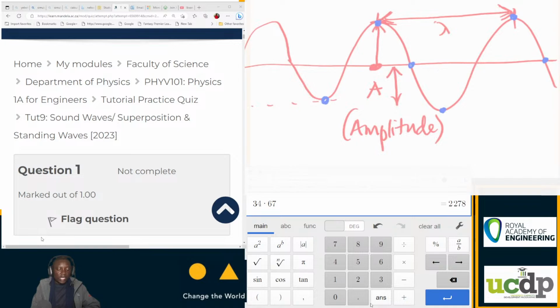So take note, the phase at this point, let me call it X, is the same as the phase at this point Y, because the wave is moving with that phase at that point.